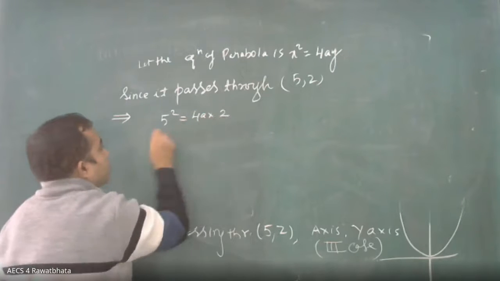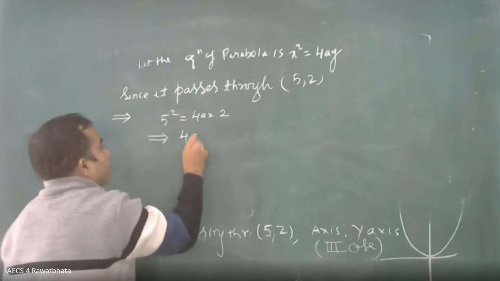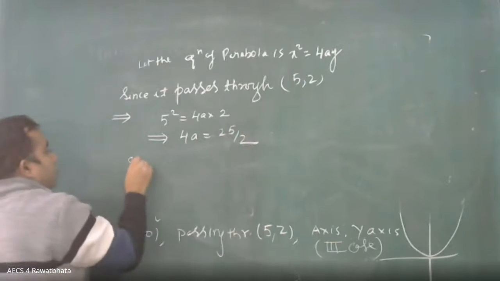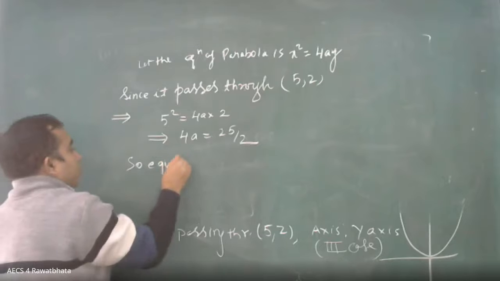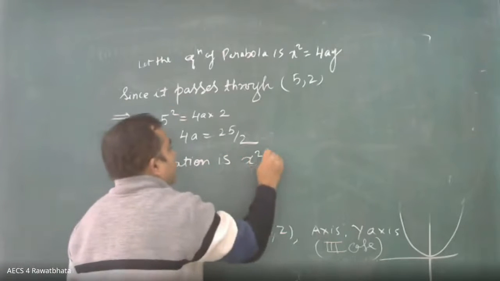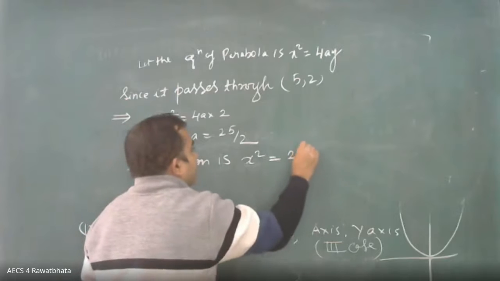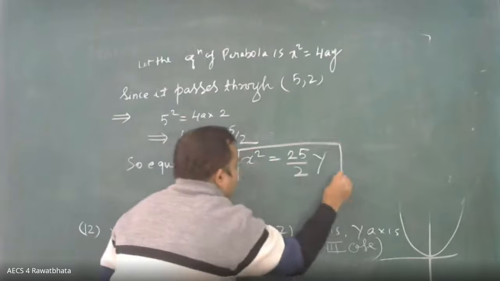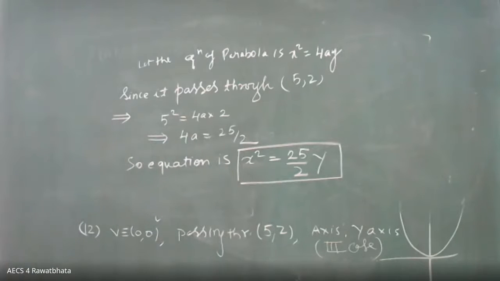So it will give me 4a is equal to 25/2. So the equation is x square equal to 4ay, and in place of 4a I have written 25/2. Students, you can check. I hope it should be right.